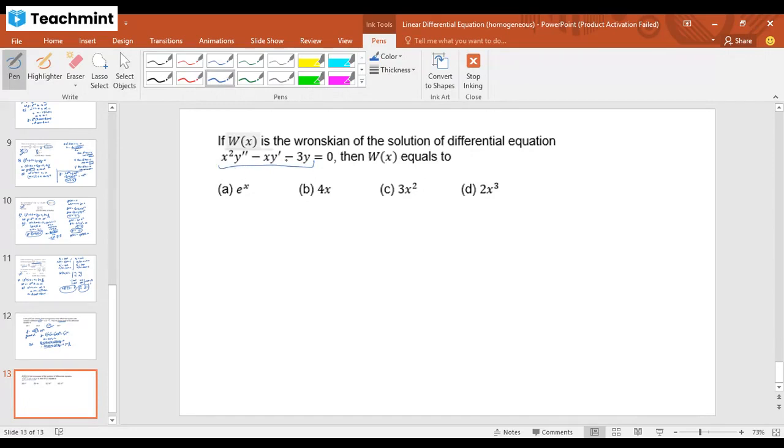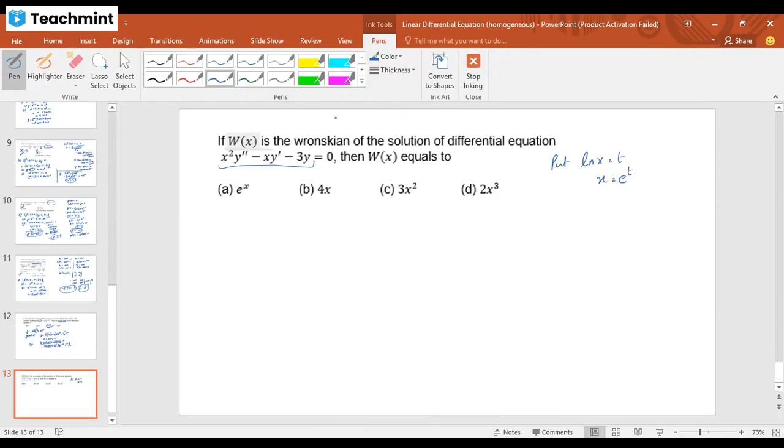Although it is the Euler-Cauchy form, which is a part of unit number 3 also, right? In that case, if we want to reduce this equation into a differential equation with constant coefficients, then what can we do? We can make a substitution: put log of x equal to t, or x equal to e power t, right?